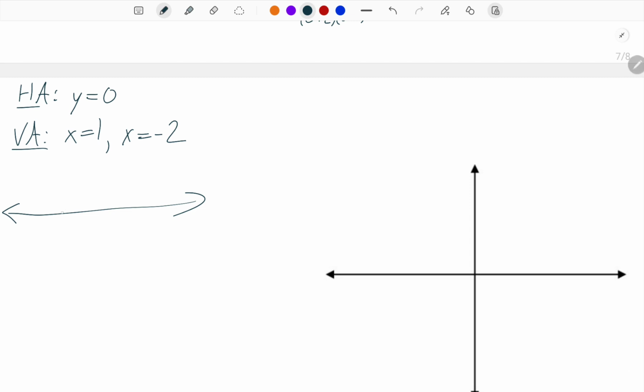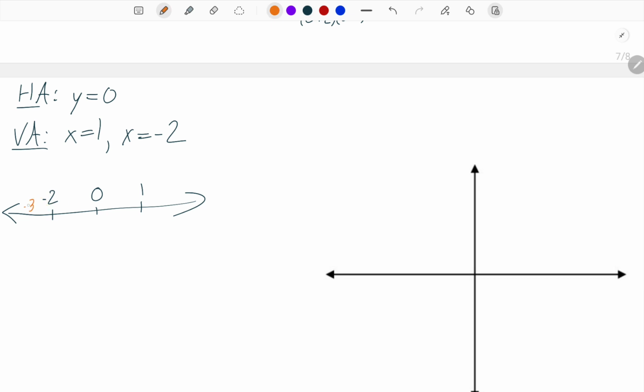On the number line, you want to check when it is positive and negative. So check your asymptotes and any intercepts and holes. We're going to check 0, that was the hole that looked like an x-intercept, and 1. Oh, and I should do things in order. So start with -2, 0, and then 1.